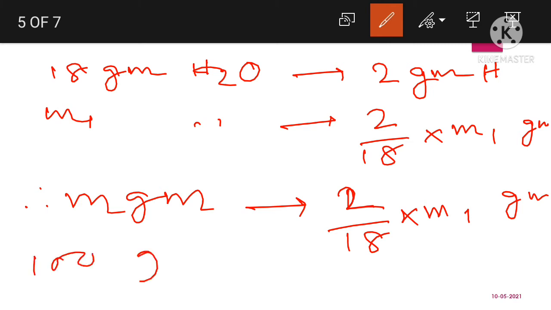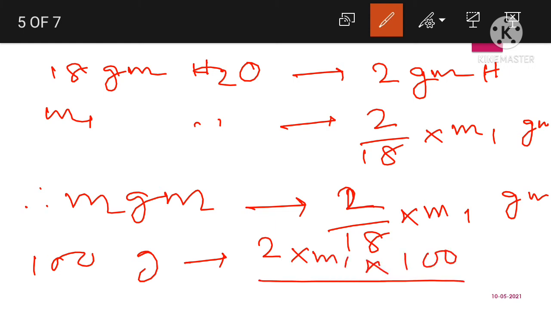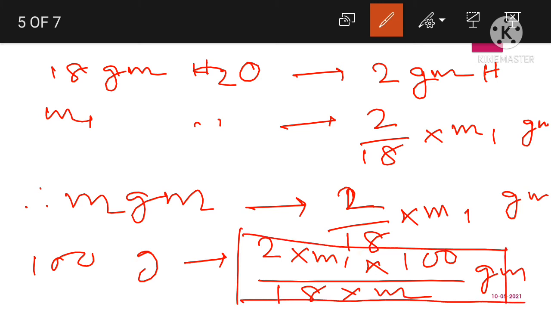So 100 gram will contain 2 into m1 into 100 divided by 18 into m gram of hydrogen. So this is the percentage of hydrogen present in the organic compound.